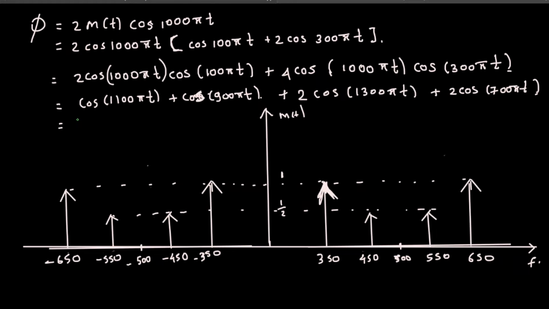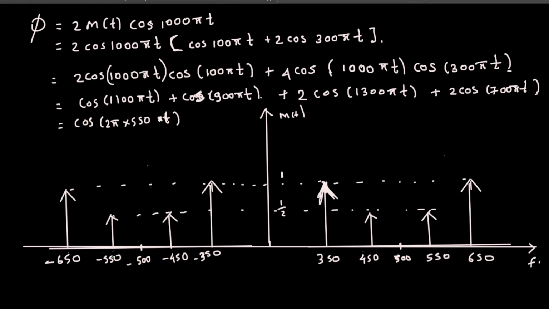So here, if you write this in terms of 2π form, then this is going to be cos 2π times 550 t. Okay, like that you can see all of them.